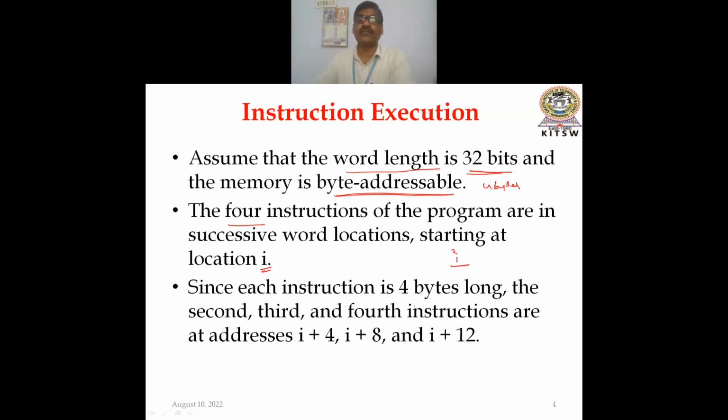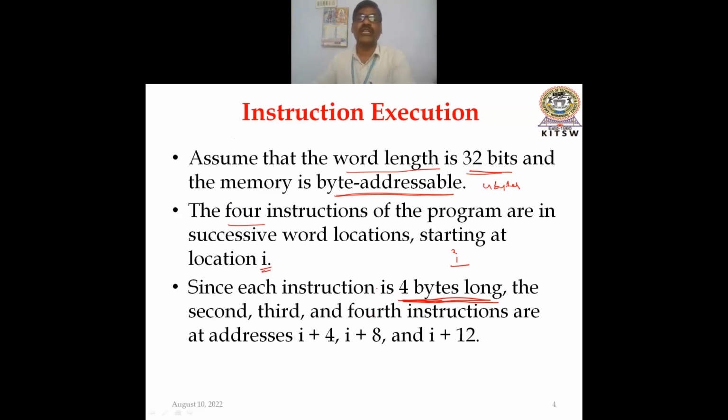Every instruction occupies only one word in RISC. Please try to understand that. We have taken the word length as 4 bytes, so every instruction will be stored in one single word only.